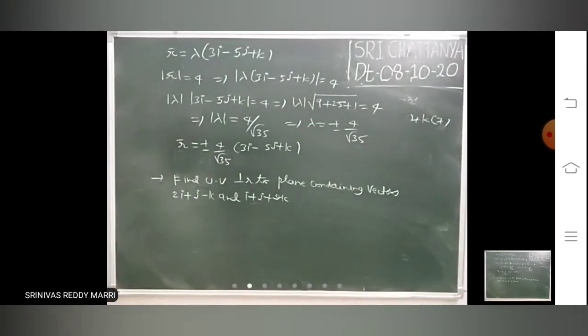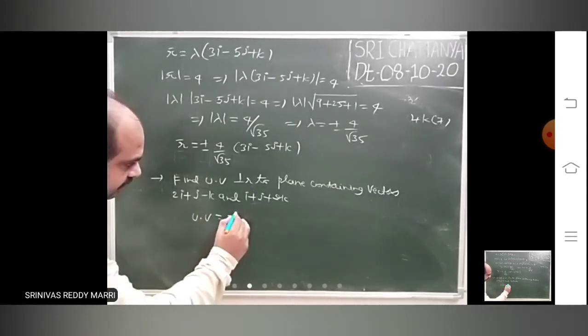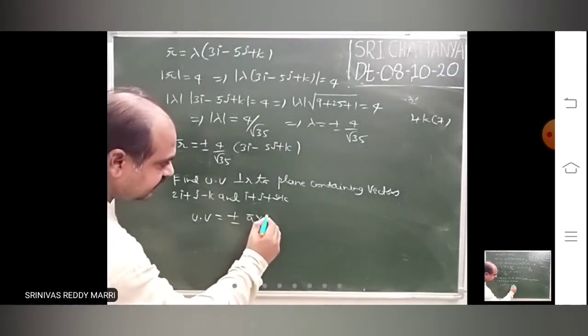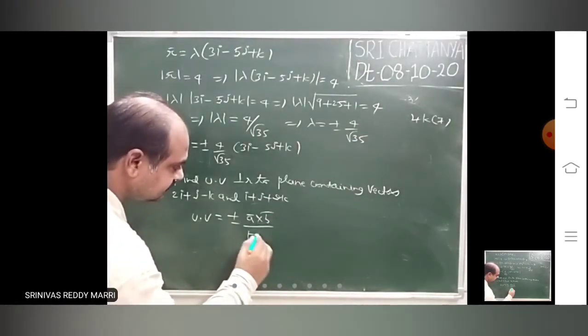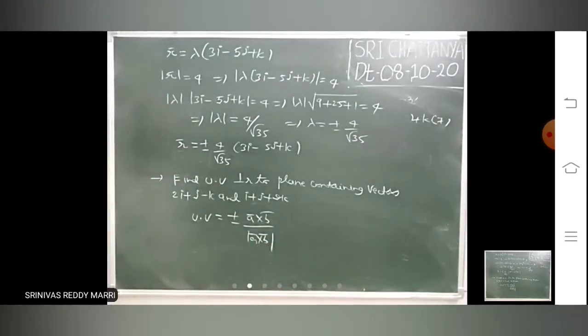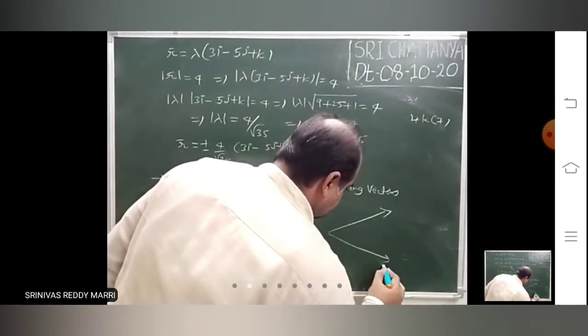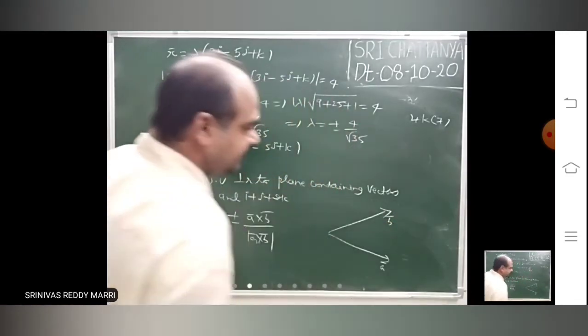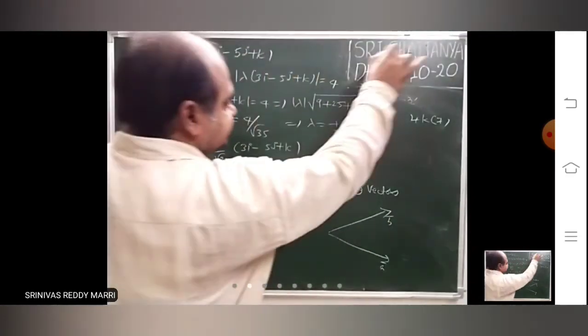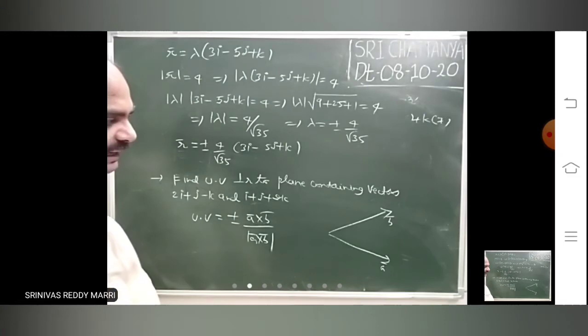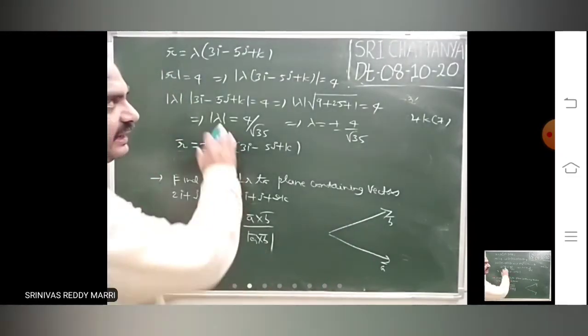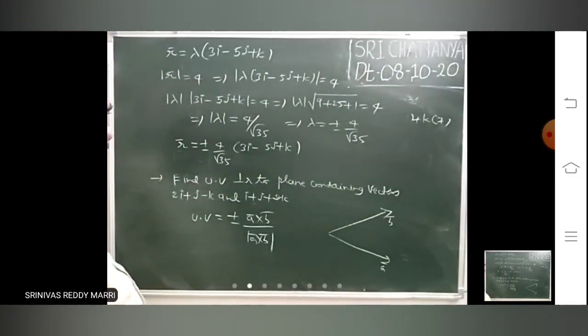So look at, unit vector you want to calculate. Unit vector is nothing but plus or minus, what is the formula? A bar cross B bar divided by its modulus. Look at, this is A bar, this is B bar, right? So this is my plane, my board. These A bar, B bar lie in the board, in your paper, your plane.